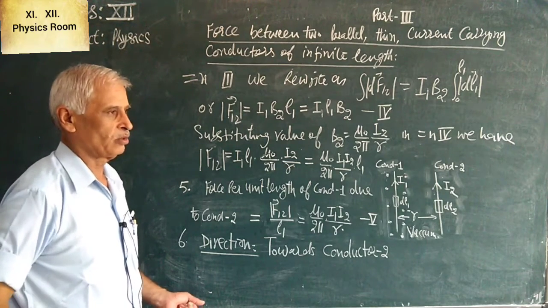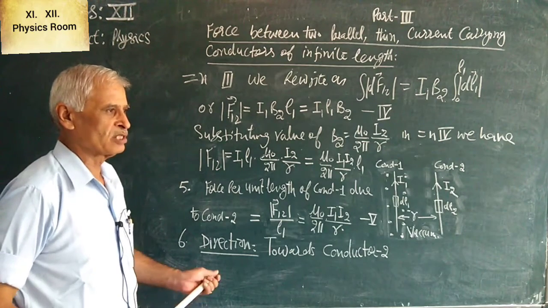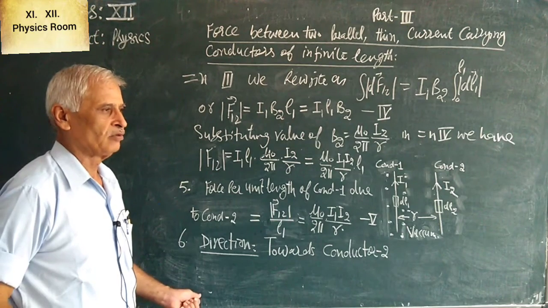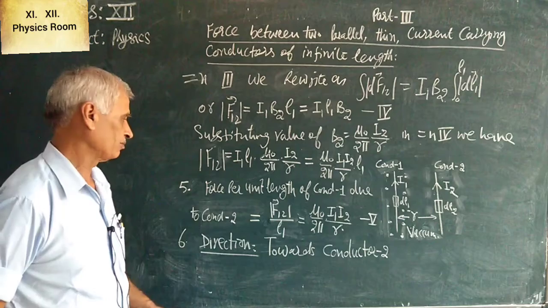Now we require to find the force per unit length because this is an infinite conductor. If we know the force per unit length, we can calculate the force on any length of the conductor.